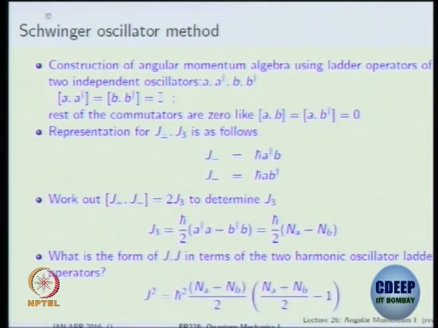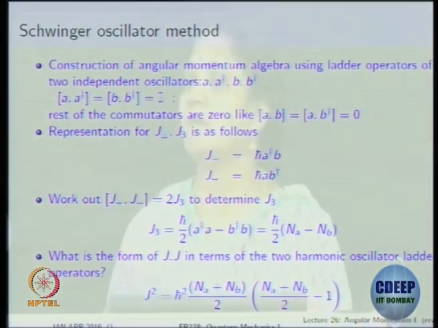You will get the result for J squared. Each one has an h cross, so when you take a product, there will be h cross squared. Substitute in terms of the representations involving A dagger and B dagger. Finally, it can be neatly written as half the sum of the number operators, multiplied with half the sum of the number operators plus 1.